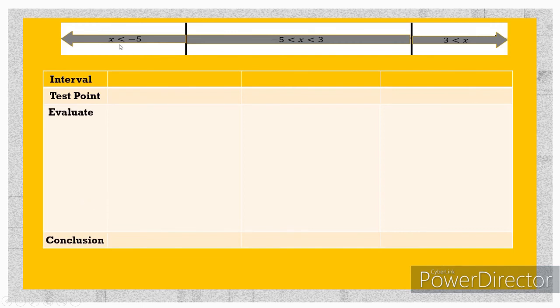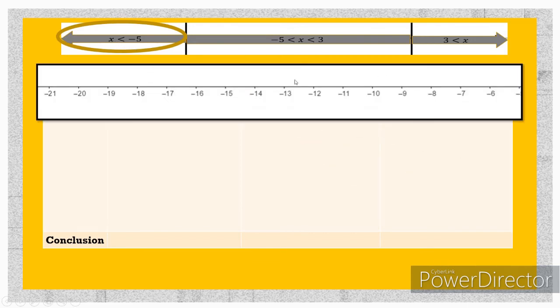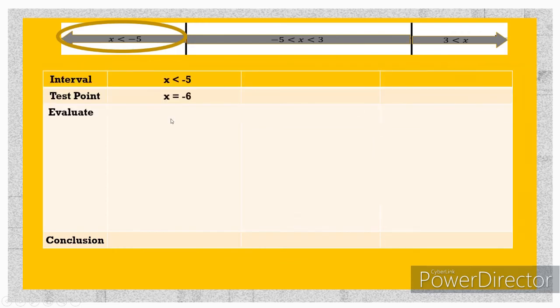So, for the first interval, we have x is less than negative 5. So, pili lang tayo ng isang number that is less than negative 5. So, marami tayong pagpipilian, but this time, piliin natin ang negative 6. So, x is negative 6. Then, we will be using the quadratic inequality natin. X squared plus 2x minus 15 is less than or equal to 0. Substitute negative 6 to x.